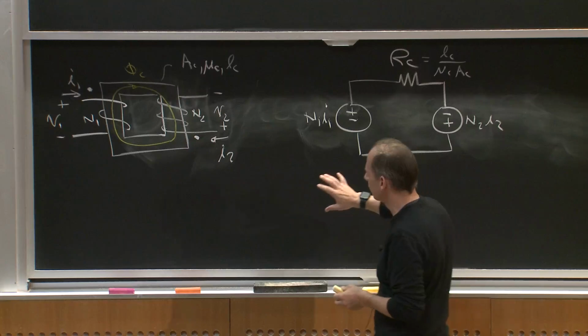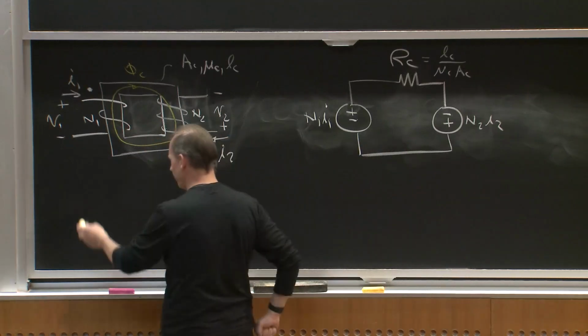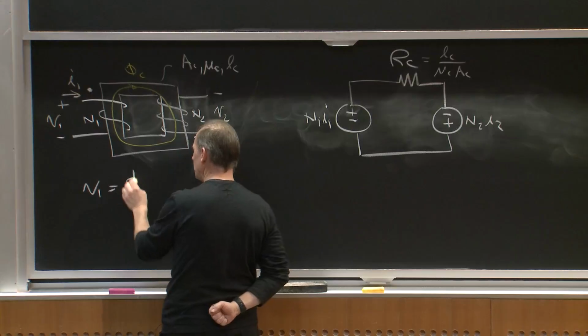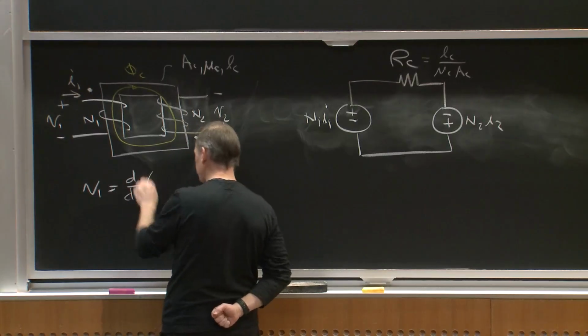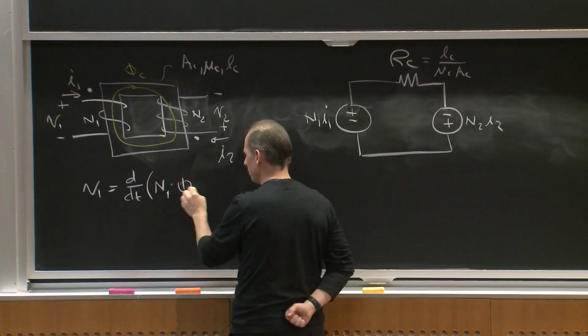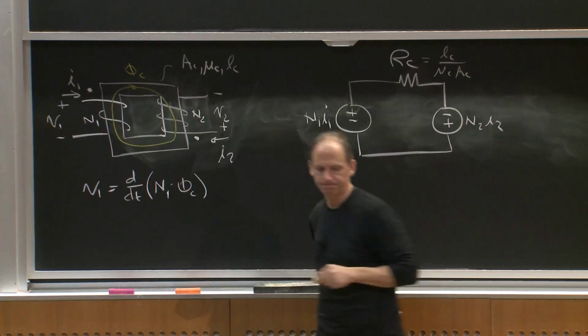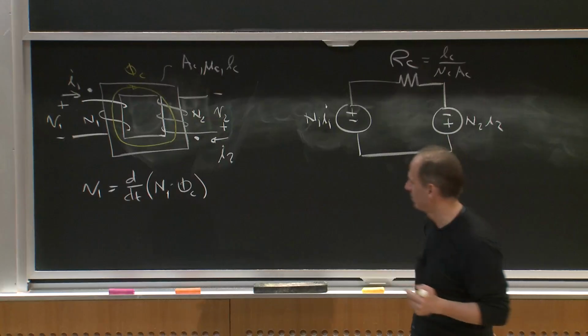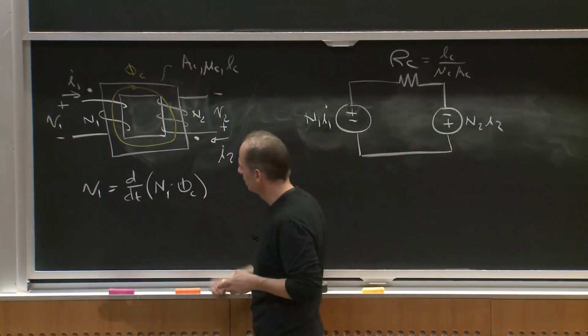Well, what would I get for a voltage V1? Well, V1 is equal to d/dt of N1 times the flux in the core, right? Because V is equal to d lambda, V1 is d lambda 1 dt.